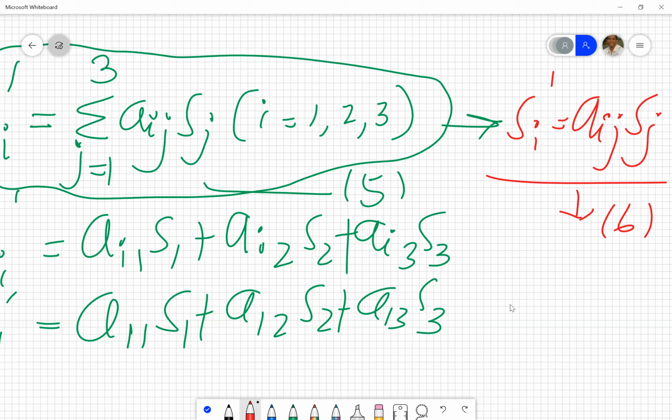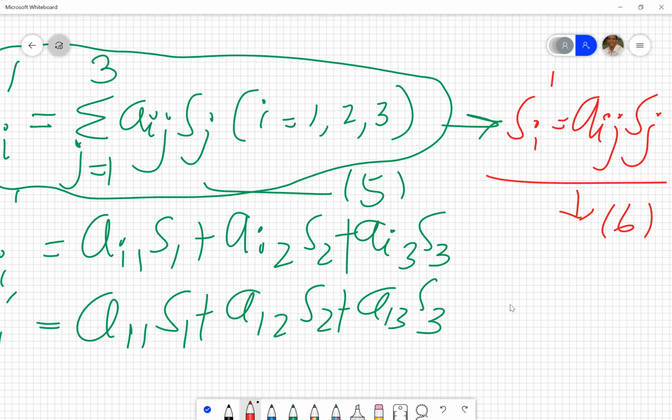It is understood that when a suffix occurs twice in the same term, in this case the suffix j, it indicates summation with respect to that suffix. Unless otherwise indicated, the summation of the index will be from 1 to 3.